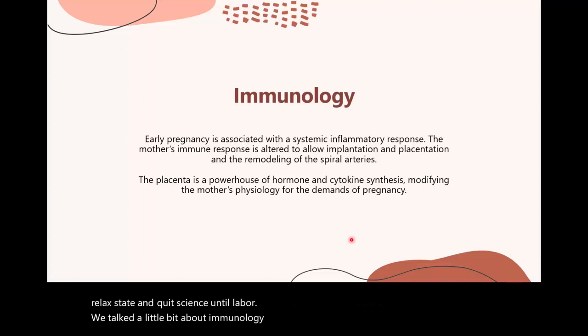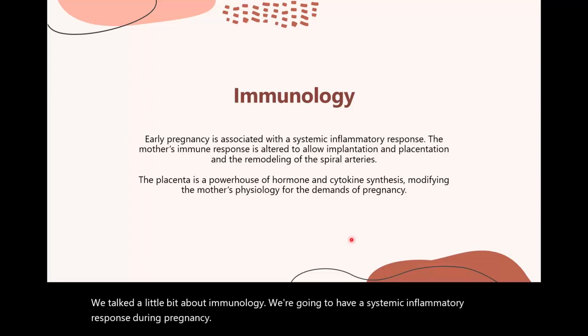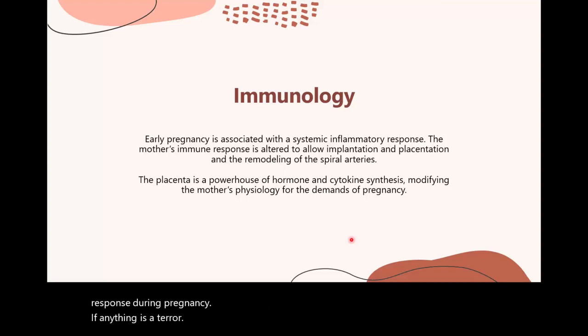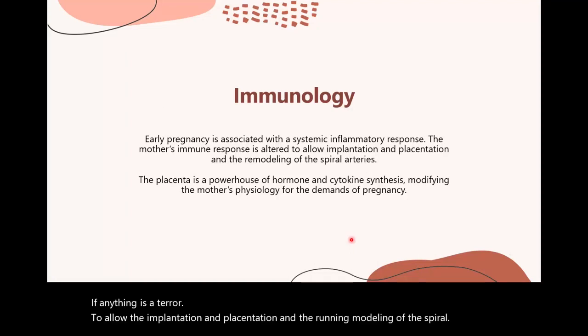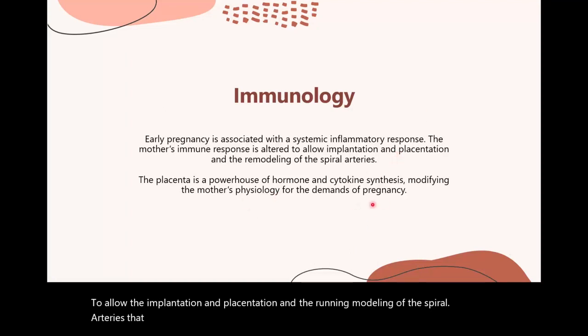We talked a little bit about immunology. We're going to have a systemic inflammatory response during pregnancy. If anything is altered to allow the implantation and placentation and the remodeling of the spiral arteries, that inflammatory response is needed in order to do those steps.